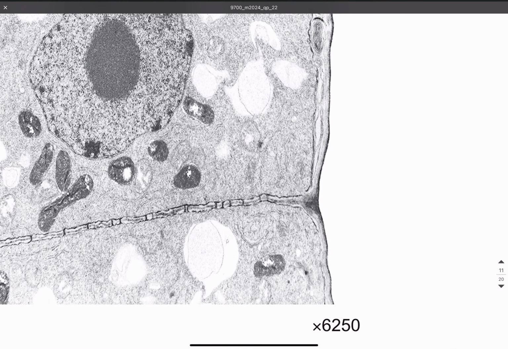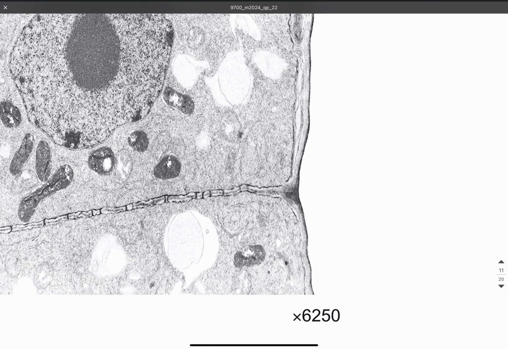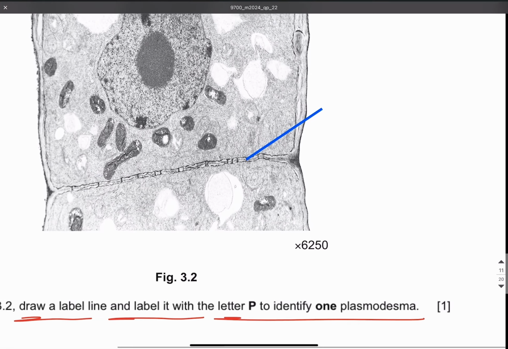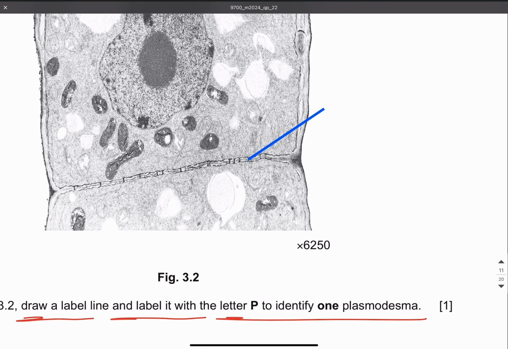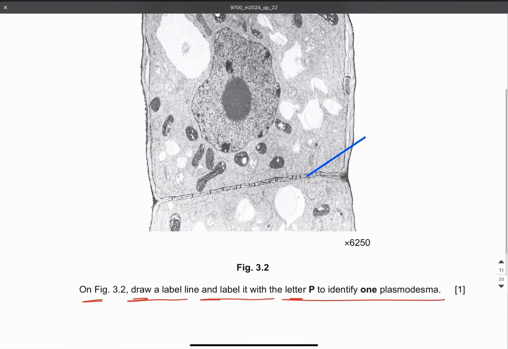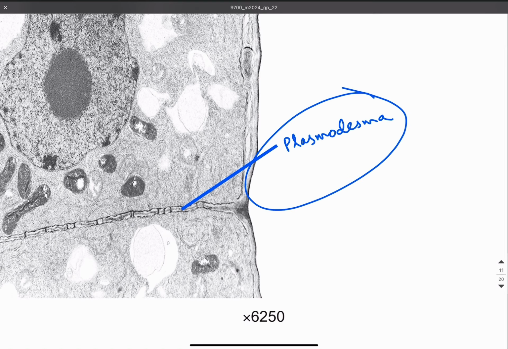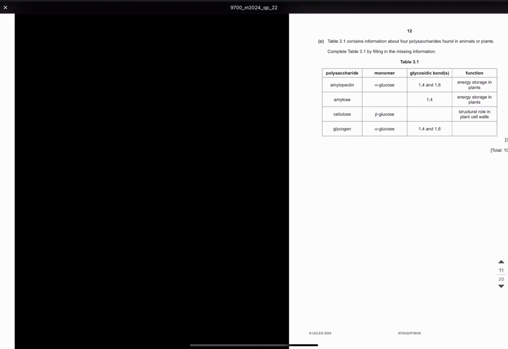So guys, this is plasmodesma. Plasmodesma is basically a strand of cytoplasm that runs through the holes in the cell wall. And basically plasmodesma connects the adjacent cells. So this is plasmodesma. We only have to identify and label one plasmodesma. Plasmodesma is singular, plasmodesmata is plural.